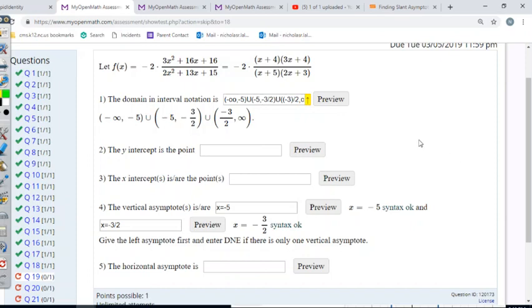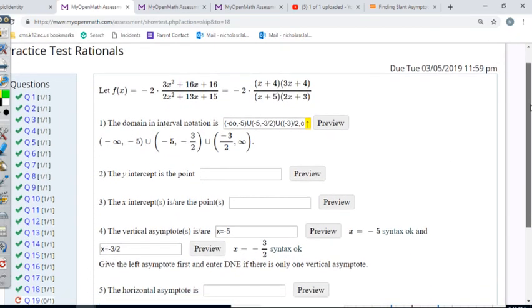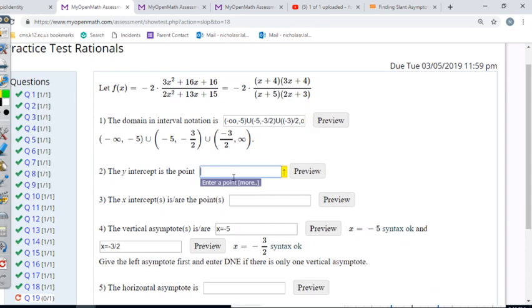Okay, the y-intercept is the point where the x values are equal to 0. So when your x values are equal to 0, this x value is 0, this x value is 0, this x value is 0. So actually, this might be easier to evaluate.